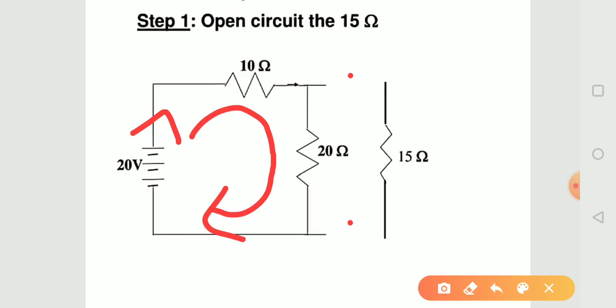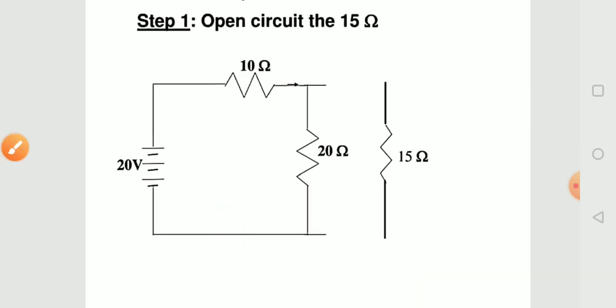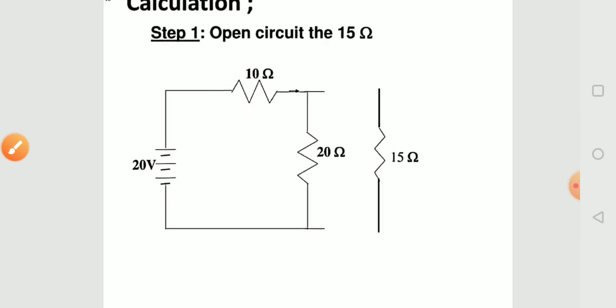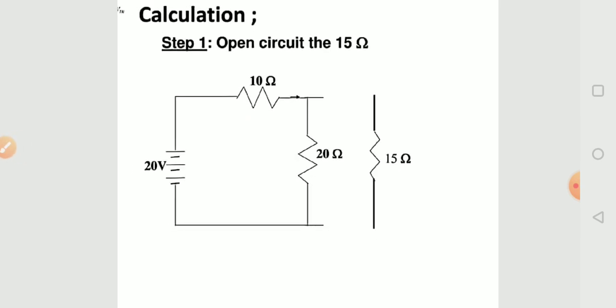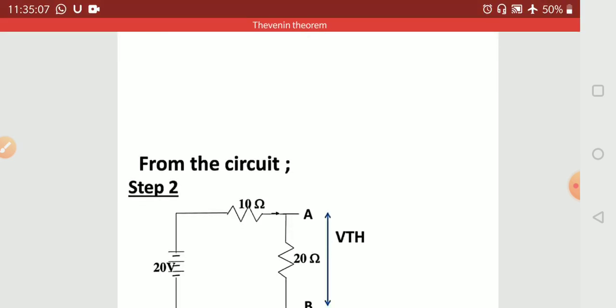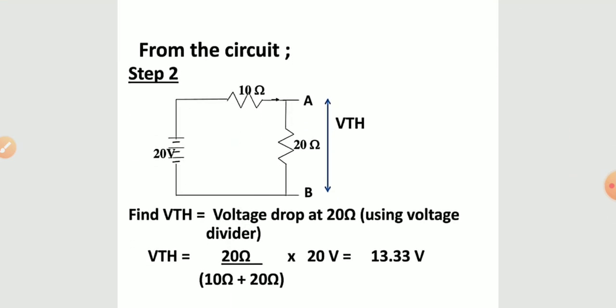So the second step is we find the Thevenin voltage. Here we can find Thevenin's voltage by any method. So here we can apply the voltage divider rule. We know that the voltage divider rule is applied for a series circuit.